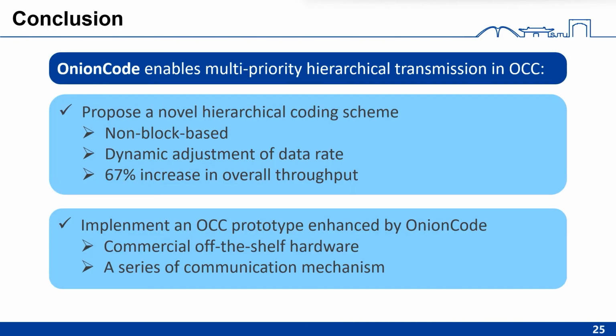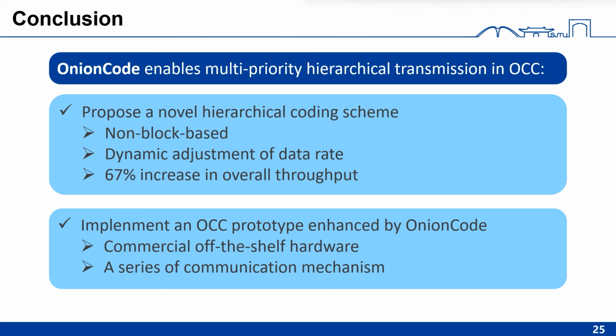In conclusion, we design a novel hierarchical coding that enables multi-priority transmission in optical camera communication, named ONIONCODE. ONIONCODE is a non-block-based hierarchical coding scheme that avoids data rate loss of near receivers, allowing multiple receivers to dynamically discard low-priority data according to the measured optical channel states and reserve the highest priority data.